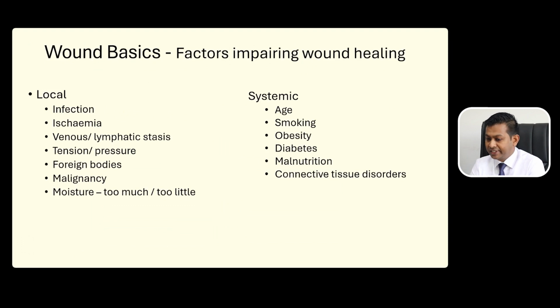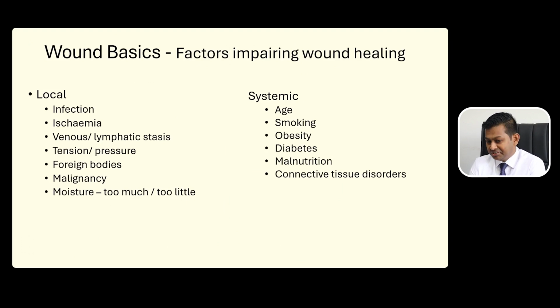There are local factors or systemic factors that impair wound healing. Overall, we can take it as the things that are near the wound, or the things surrounding the wound, or the generalized factors in the patient that impair the healing.